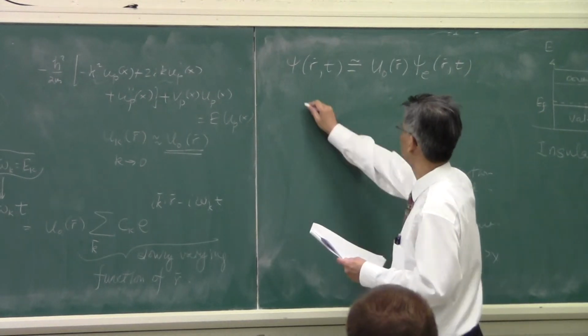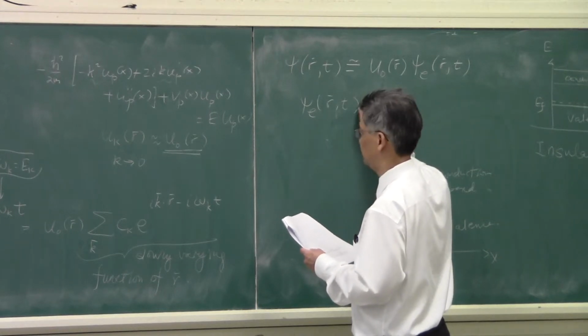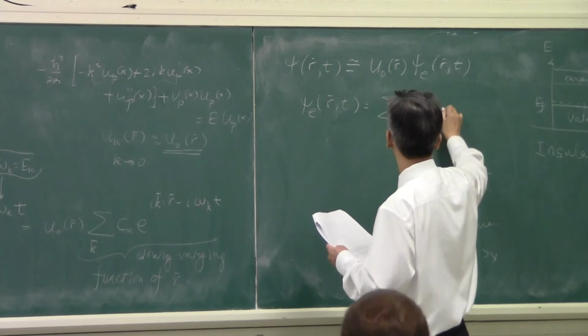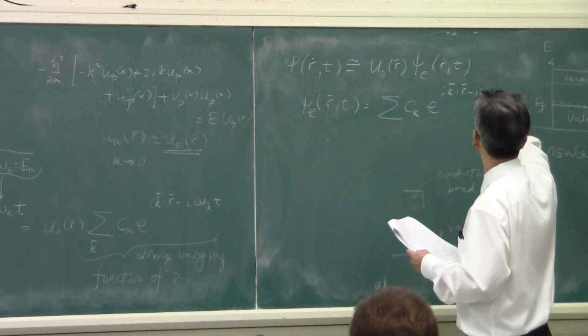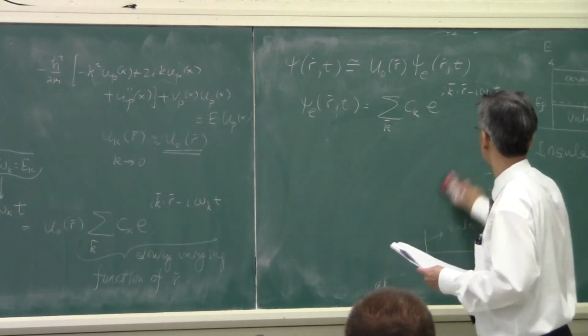The envelope function that I have here is just equal to c_k e to the i k dot r minus i omega_k t.